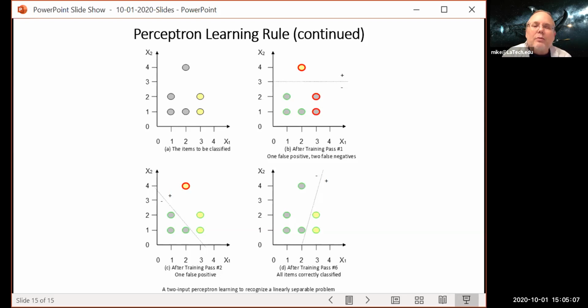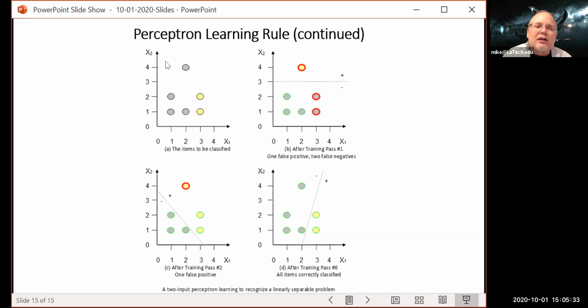That problem, no matter how long you ran the perceptron learning algorithm, it would never converge to a solution, because if you were supposed to include an input here in the positive set, there's no way that you can draw a line that could separate all of the yellow dots, assuming there was a yellow dot right here. There would be no way.